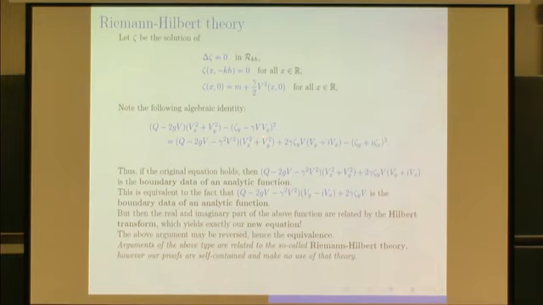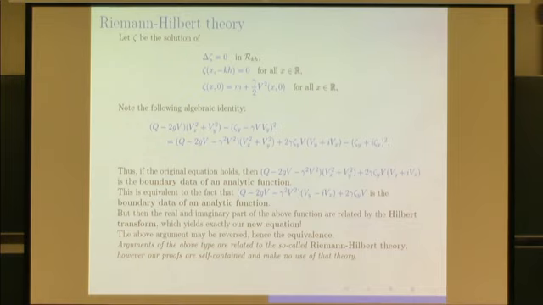So this expression here being 0, and this expression here being the boundary data of an analytic function, I get that this thing, up to here, stopping here, is the boundary data of an analytic function.